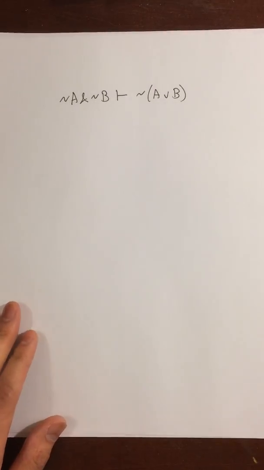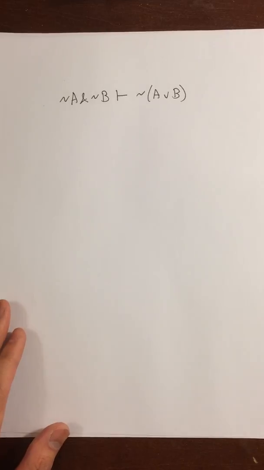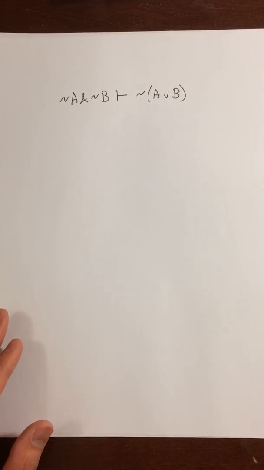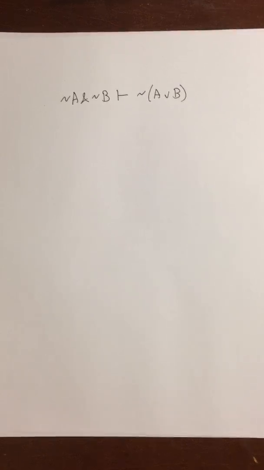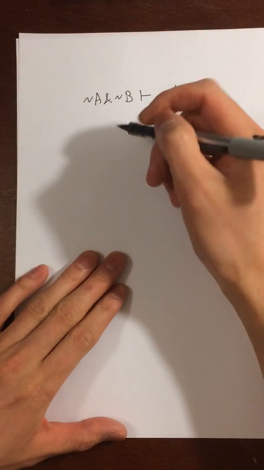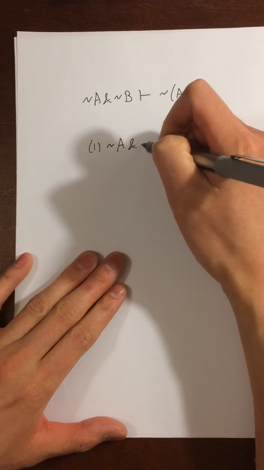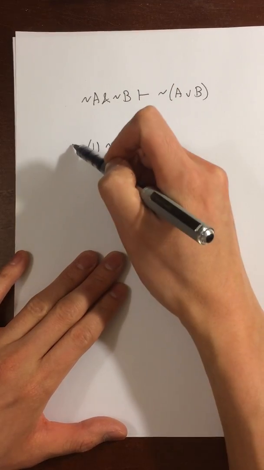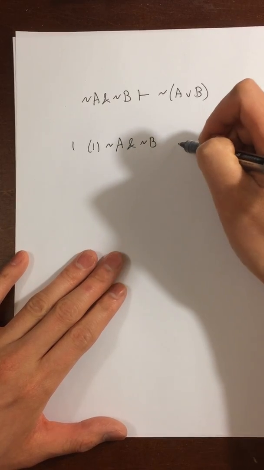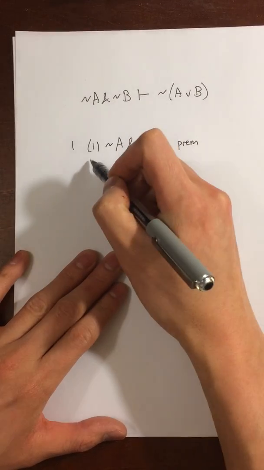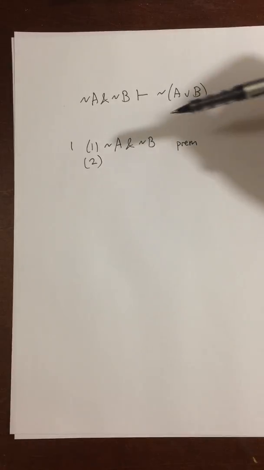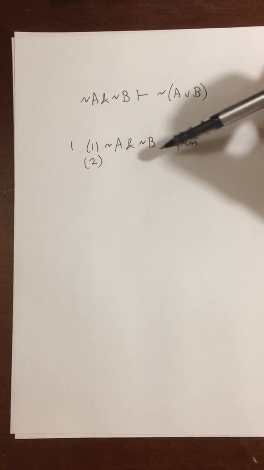So the sequent that we're going to do is not A and not B entails not (A or B). So we have one premise. Here, as you can see, you have a conjunction to work with.